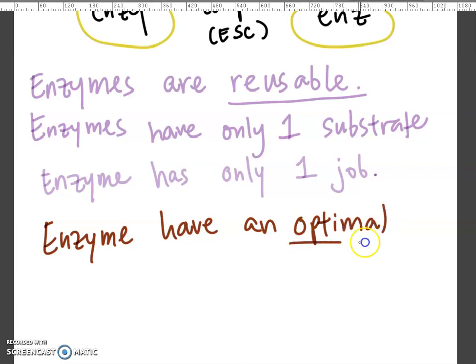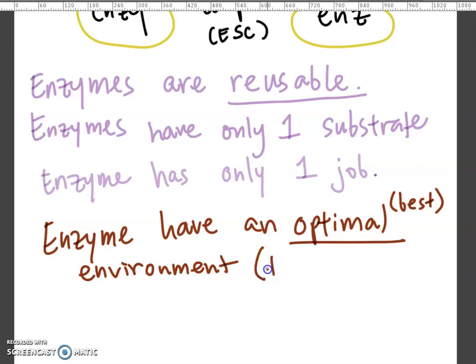Remember that optimal just means best. They have a best or favorite environment for them to work best in. And when we say environment, we mean temperature and pH. So they really like being at a certain temperature and a certain pH, just like how you have your favorite room temperature as well.